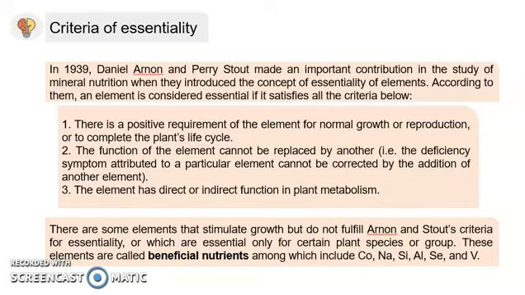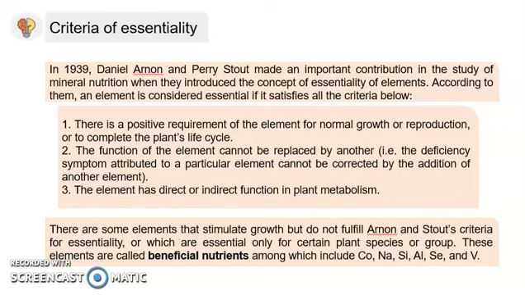First, there is a positive requirement of the element for normal growth or reproduction or to complete the plant's life cycle. So it means that the element must be a contributor or directly involved, or have a function that will complete the life cycle of the plant, wherein if that element is absent, the plant life cycle is affected and maybe it will not be complete or the plant will die.